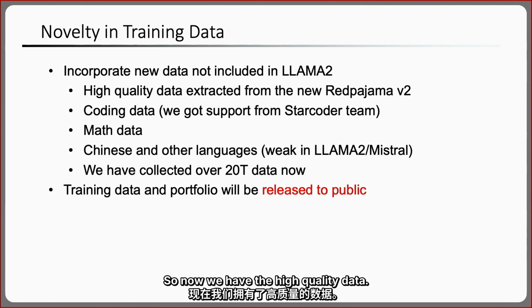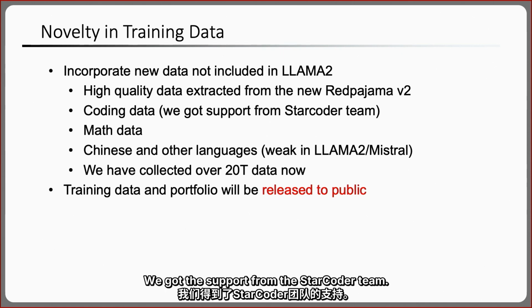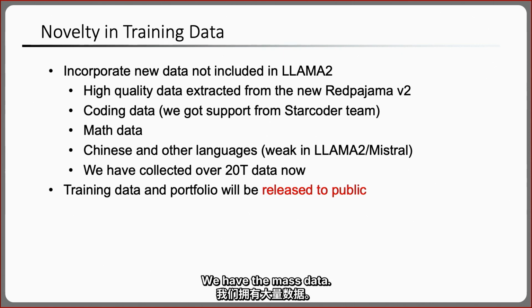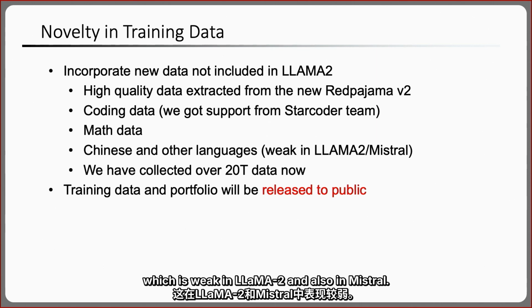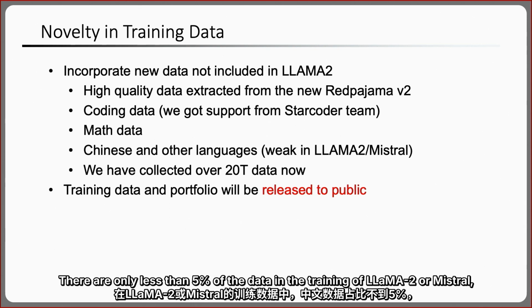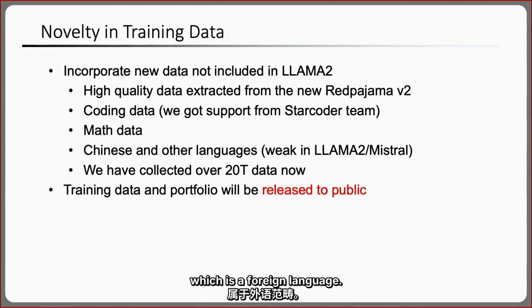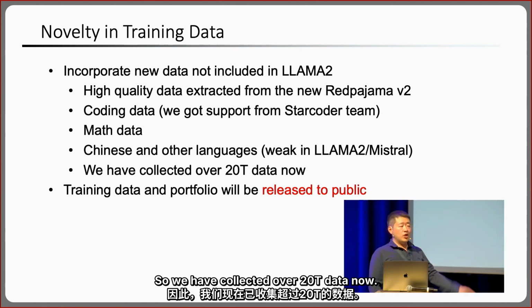We have extracted the training data required. Now we have high quality data. We have the coding data, and we got support from the StarCoder team. We have the math data, and we have Chinese and other languages, which are weak in Llama 2 and also in Mistral. There is less than 5% foreign language data in the training of Llama 2 or Mistral. We have collected over 20T of data now.